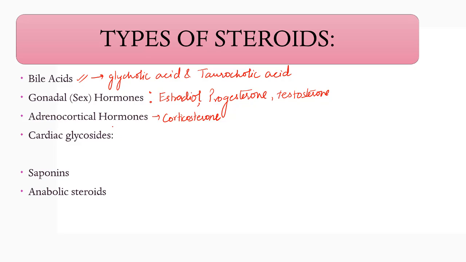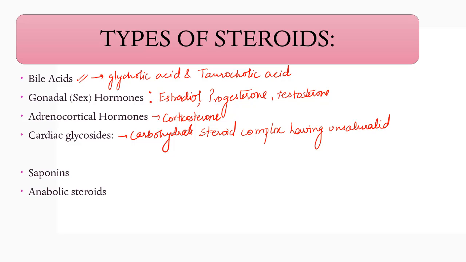Cardiac glycosides contain a carbohydrate-steroid complex with a steroidal nucleus having an unsaturated lactone ring. Example, digitalis.